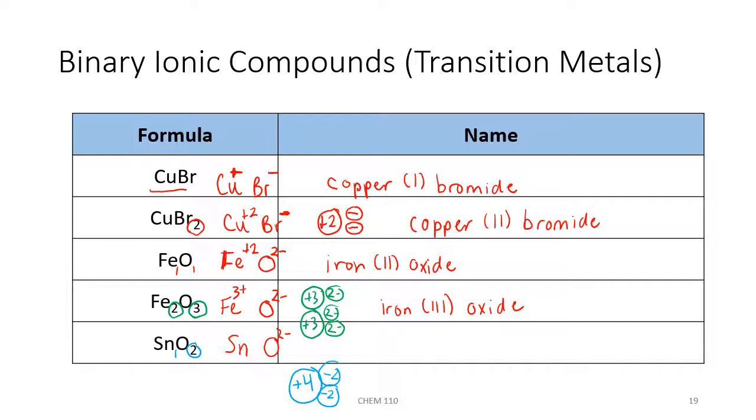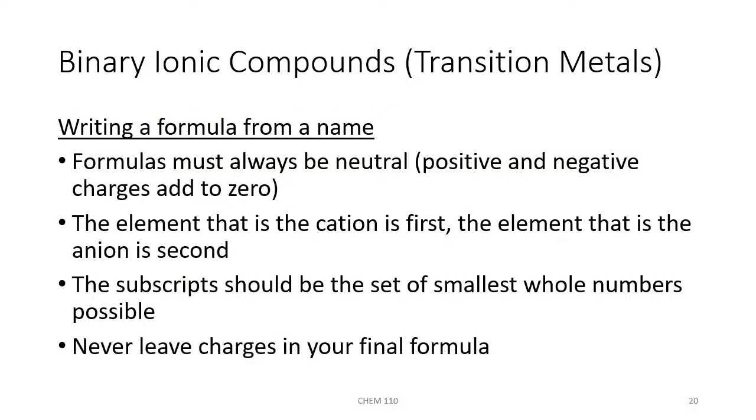So our chemical formula converted into a name will be tin 4 oxide. This can be a little tricky at first, so you need to practice. Going backwards should seem significantly easier now.